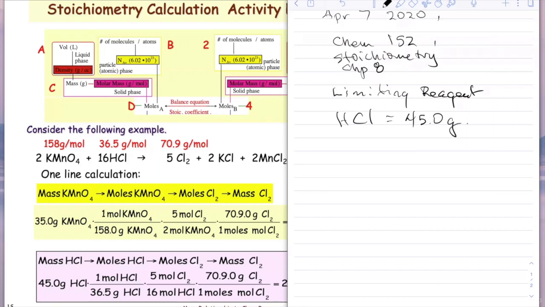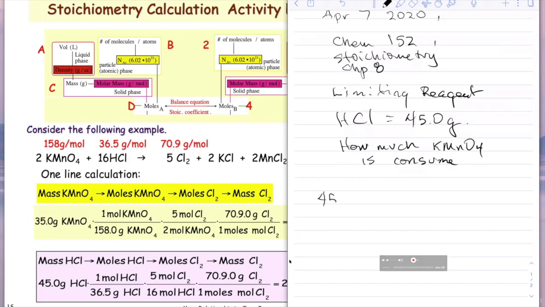So I want to know how much potassium permanganate is consumed based on the limiting reagent. And the way you do that is, again, you always start with your limiting reagent. Let me move this out of the way. This is the chat. You start with your limiting reagent, which is 45 grams of hydrochloric acid.